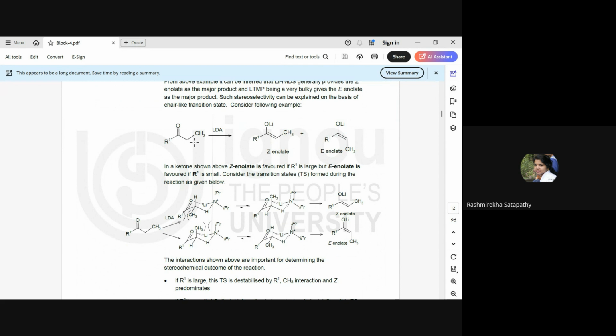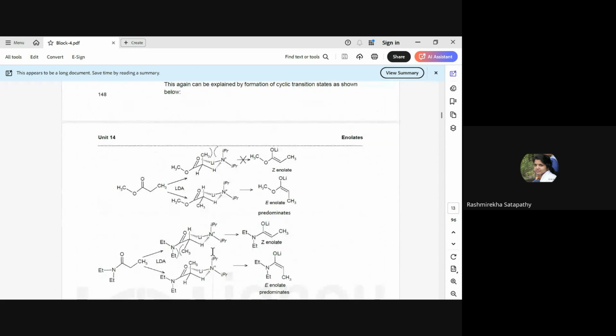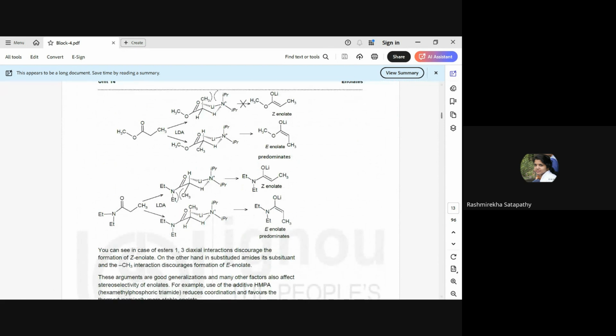If it is a small group, the double bond will be here. So this mechanism shows how the base takes the proton, and how Z and E enolates are forming.